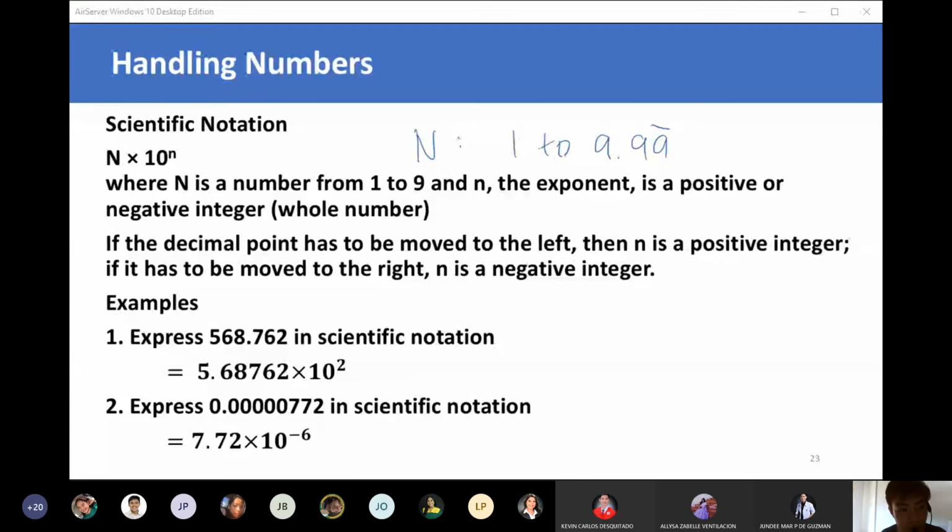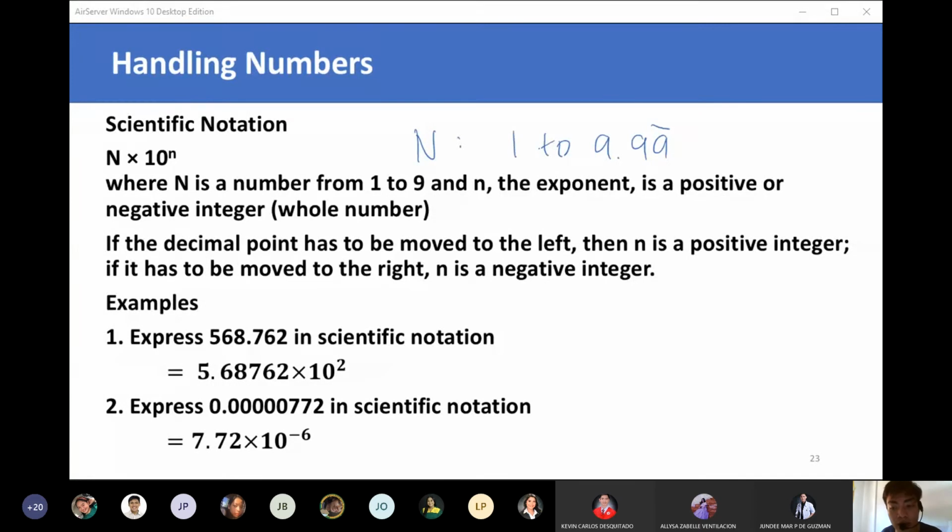Dun lang. Okay. So how about the moving decimal point? You want to indicate also kung how many times you move your decimal point either to the left or to the right.